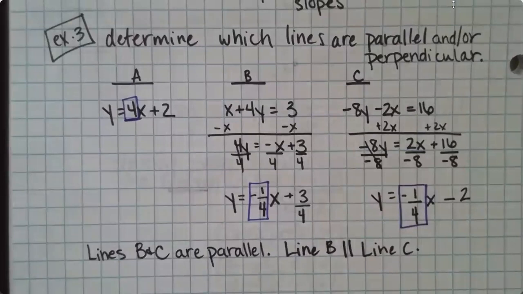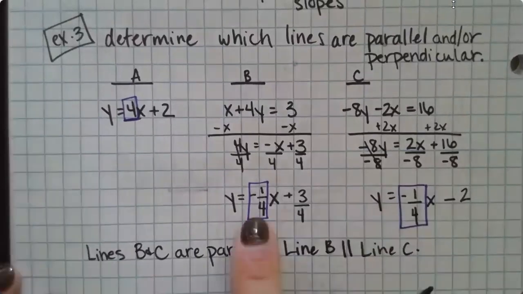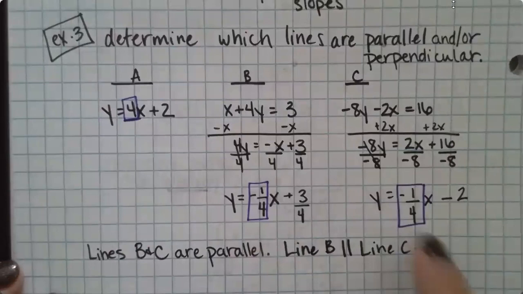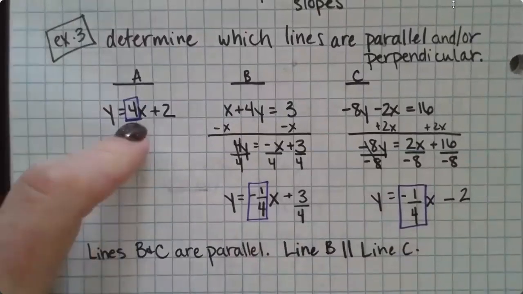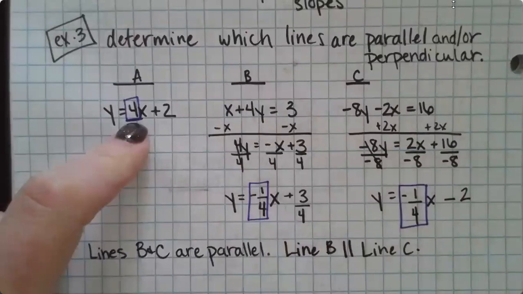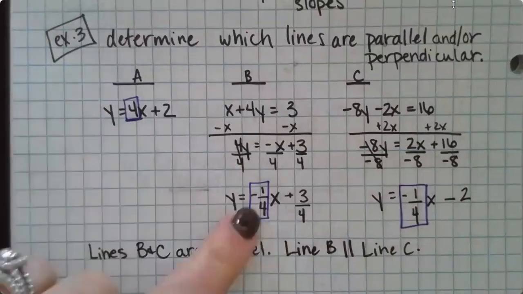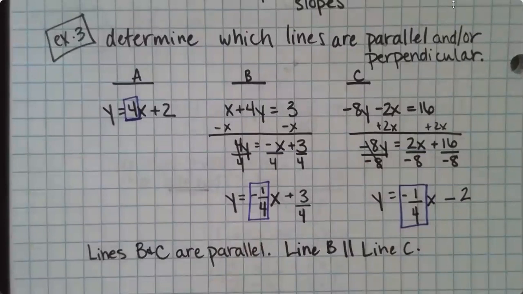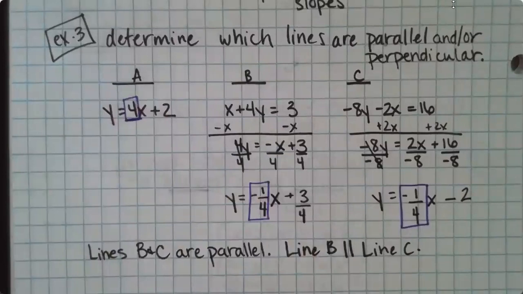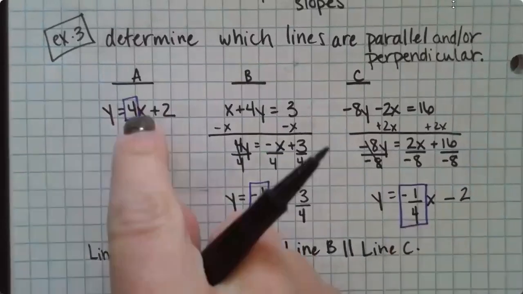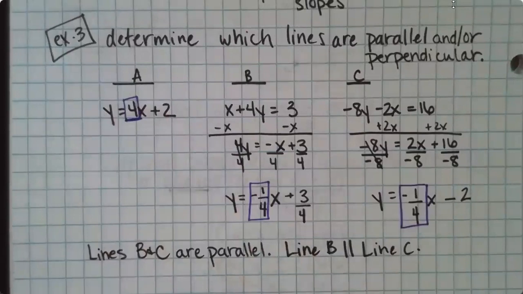And then we can see that lines B and C have an opposite reciprocal slope to line A. They're the opposite sign and the reciprocal. So these are perpendicular. Line B is perpendicular to line A, and line C is perpendicular to line A. So we could write this.